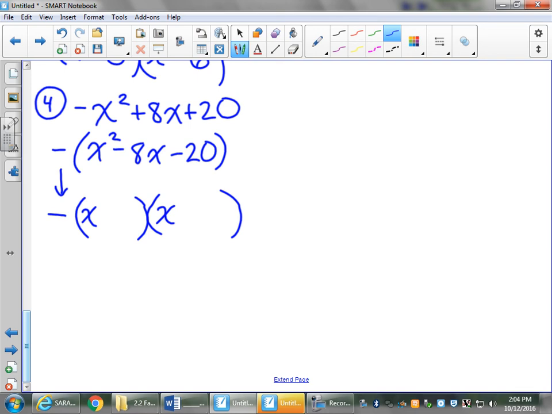And factors of 20 that will give you 8 are going to be 10 and 2. The C is negative, so 1 positive, 1 negative. And in order to get negative 8, we are going to have to do negative 10 and positive 2.